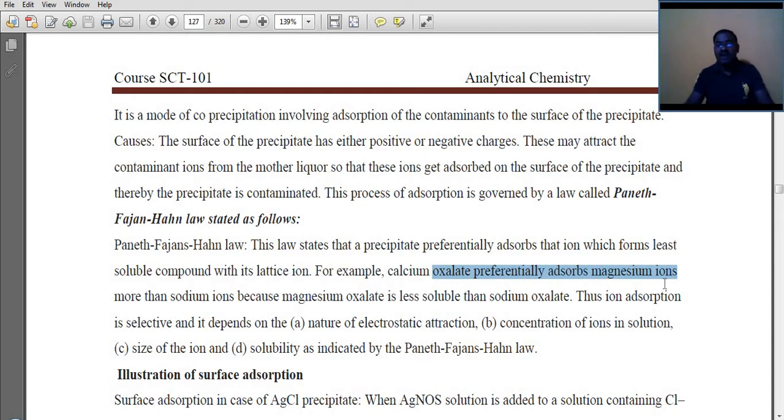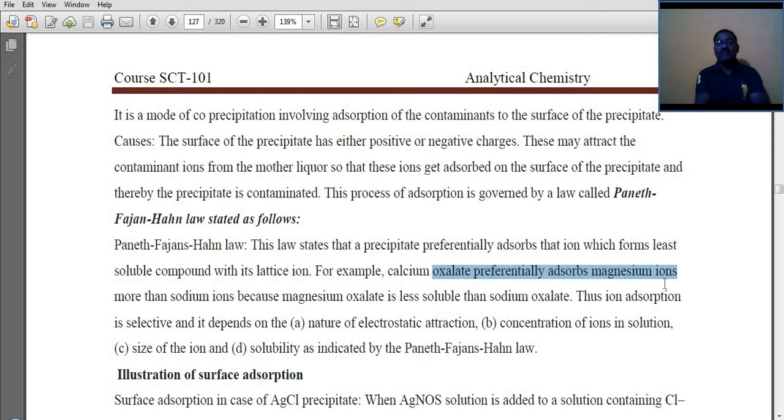Thus, ion adsorption is selective and it depends on four factors. One is the nature of electrostatic attraction. Second, the concentration of ions in solution. Third, the size of the ions.